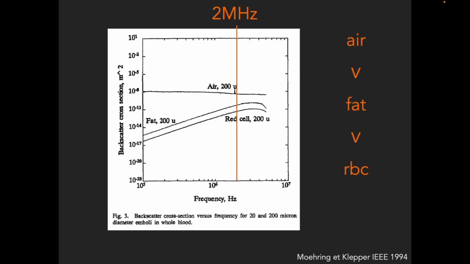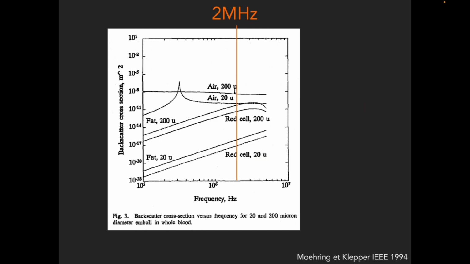We can also see that there is a difference for the different materials, assuming that we have the same size of each material. Air scatters more ultrasound back than fat. Red blood cells scatter the least ultrasound back.